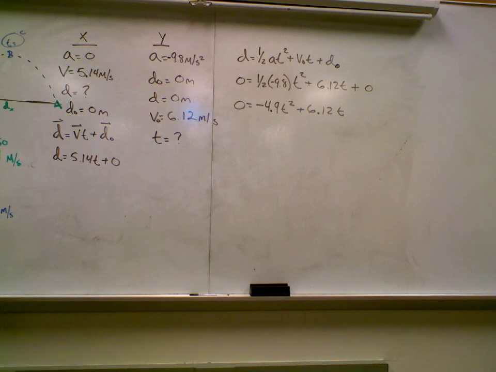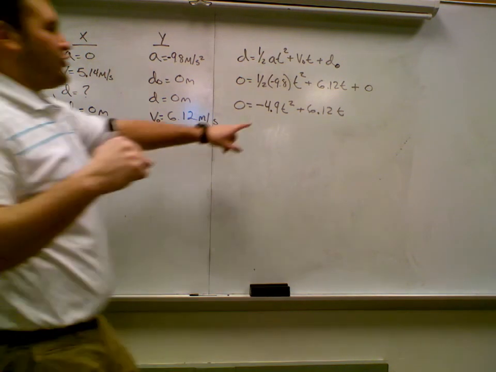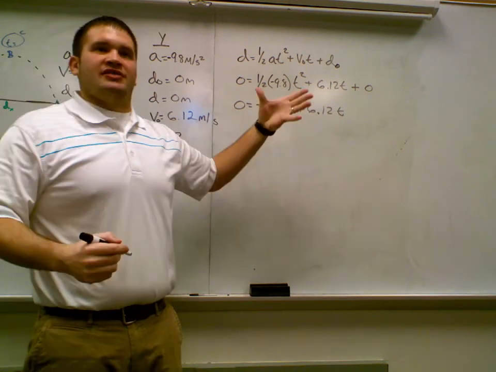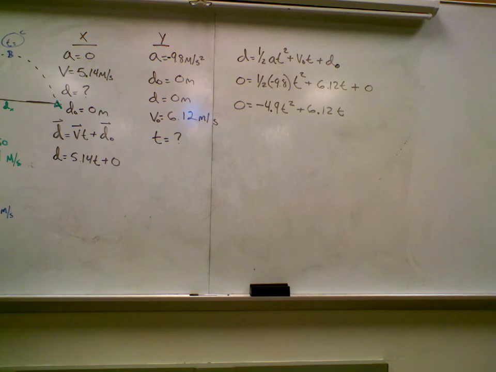Now, what's one obvious solution here? What's one time? 0, right? If both our t's are 0, will this equal 0? Yeah. So basically what that tells us is that when we launched the ball, we were on the ground. Okay? So that's one solution to this, because if you have a t squared, you always have two solutions.